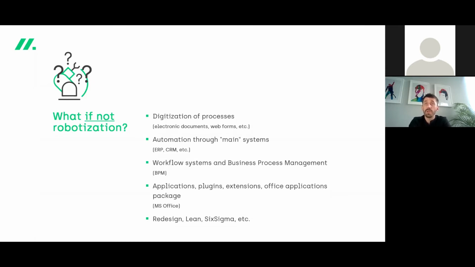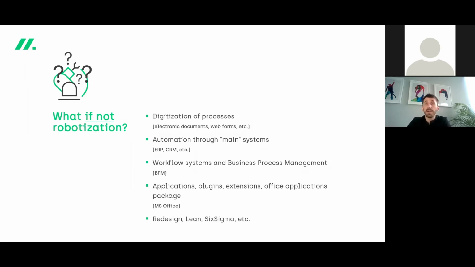Then we could also consider workflow systems and business process management applications. Then we can also think about other applications, plugins, extensions, or office applications. And before robotization, we can also think about redesigning the process using the Lean or Six Sigma methodologies.